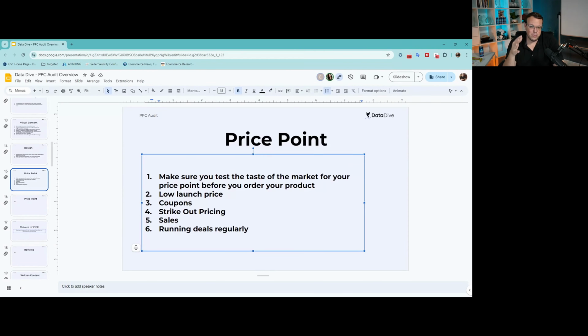One of the most valuable lessons I've ever learned is that I designed a product that I wanted to sell for $85. Cost me over $25 landed. I think it was $25 or $40 landed per product. It was very expensive. And this is like one of the first years we were selling, so it was a big investment.